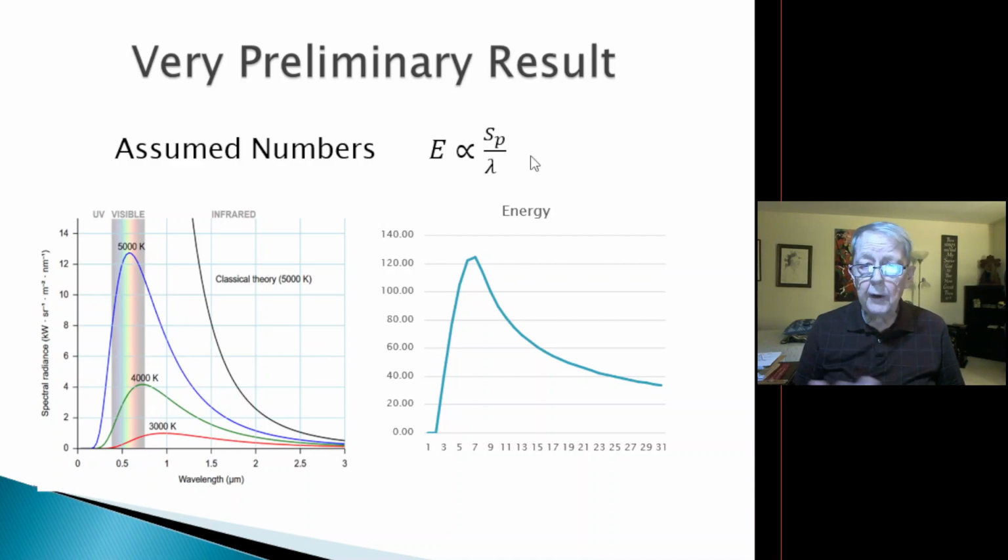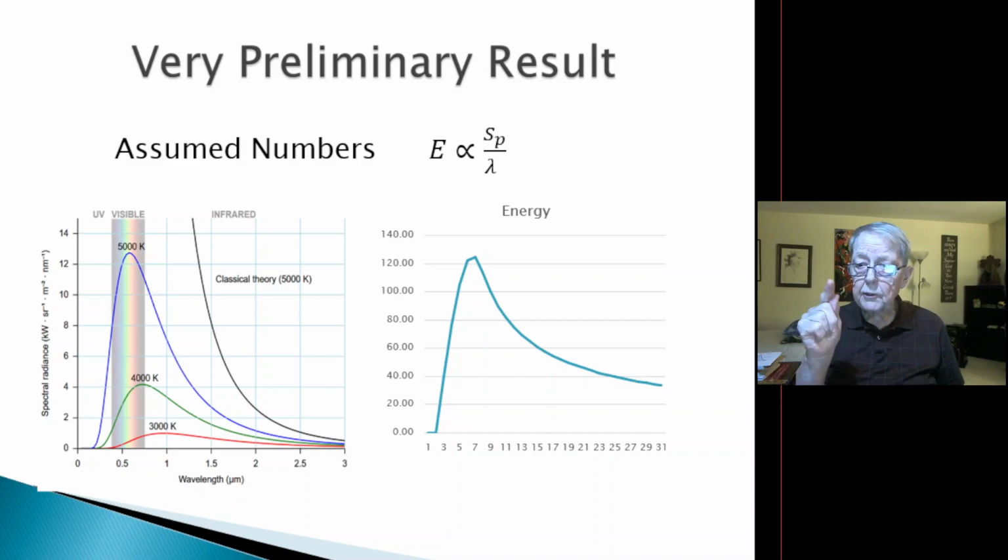By the way, I don't have temperature in here because temperature is constant. But if I did reduce the temperature to 4,000 Kelvin, the reason this shifts to the right is because the atoms in that cavity are vibrating slower, and therefore the mode is lower.